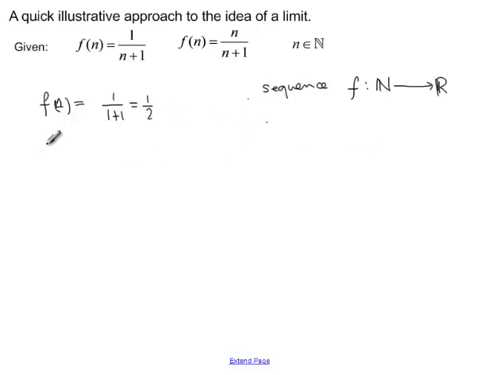So if I take 2 here, this is going to be 1 over 2 plus 1, which equals 1 over 3. So this is the queue. The first one, the second one, and these numbers are called the terms of the sequence, and as you can see, they are real numbers. So I would say a sequence is a queue of real numbers, in simple words.